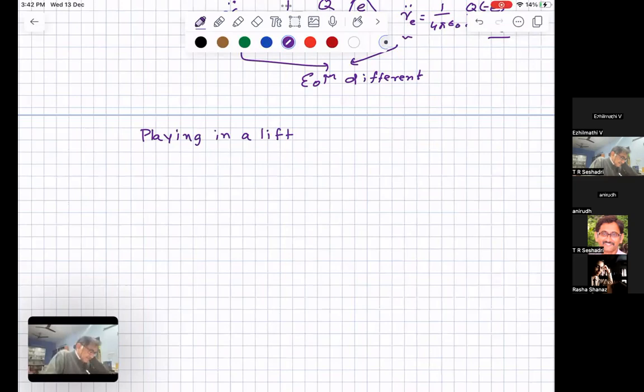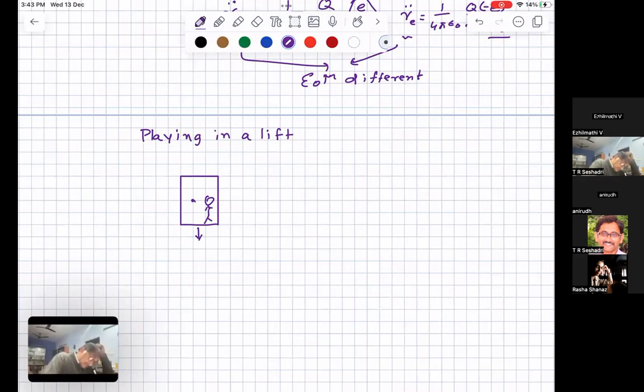I have a lift and there is a person sitting in the lift and he has a particle which he has released and the lift is going down.